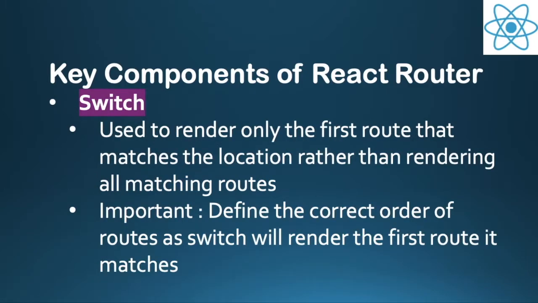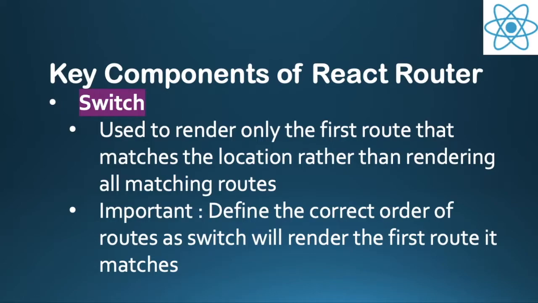And the fifth and final component that we will study in our basic apps is Switch. Switch is used to render only the first route that matches the location rather than rendering all matching routes. When we have defined multiple routes, we encapsulate those routes within a Switch so that the first route that matches will be rendered.